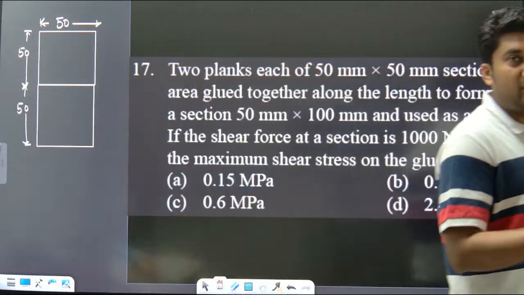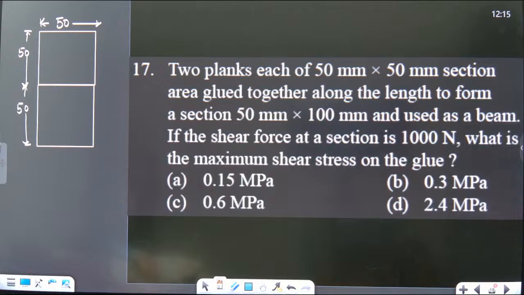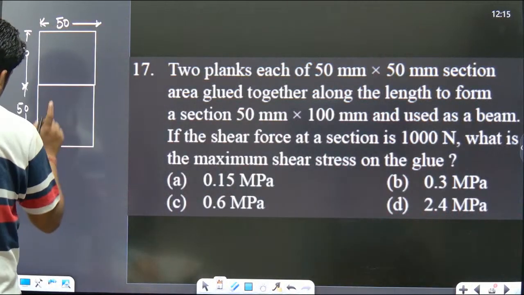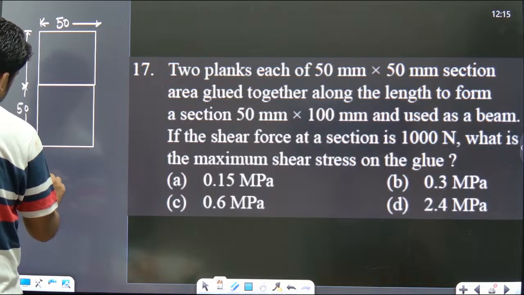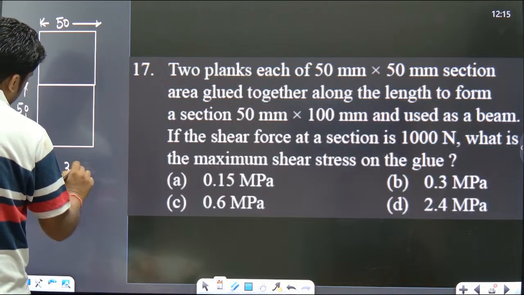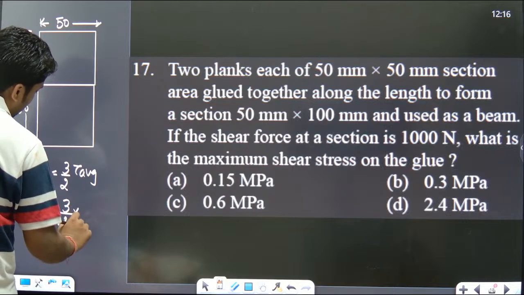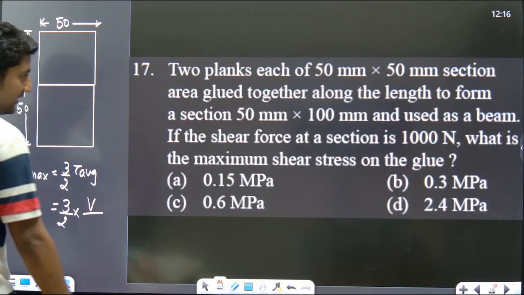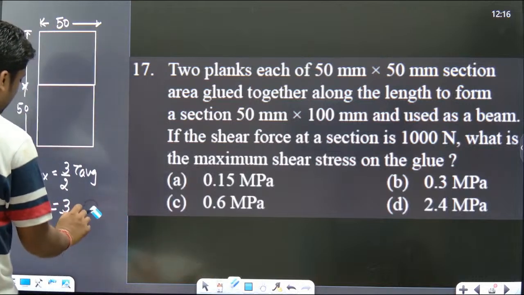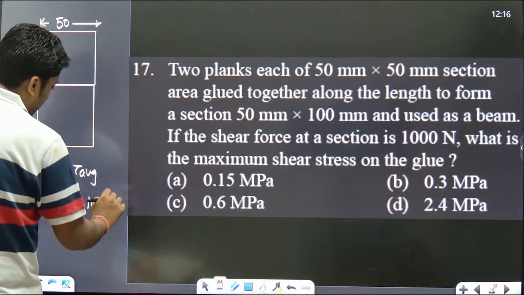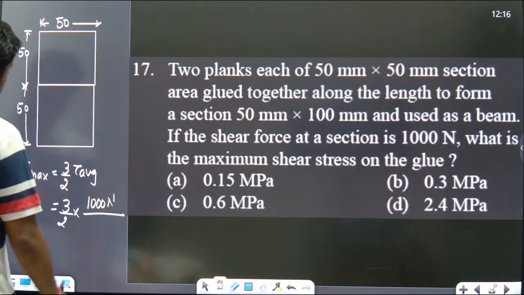First you find out the average shear stress, then the maximum shear stress. For a rectangular section, the maximum is 3 by 2 times the average shear stress. The average shear stress is V upon area, where V is 1000 Newton and the area is 50 into 100.